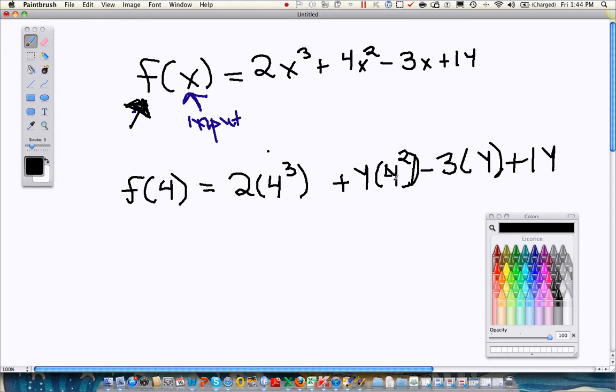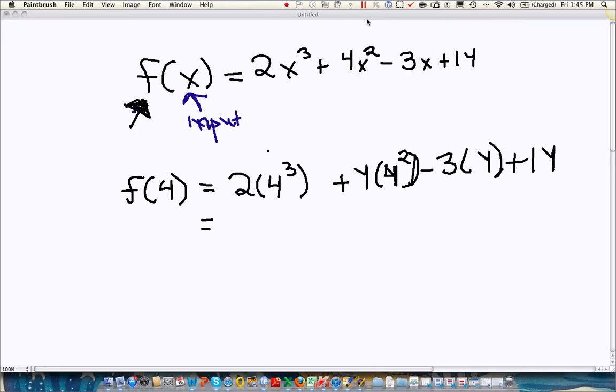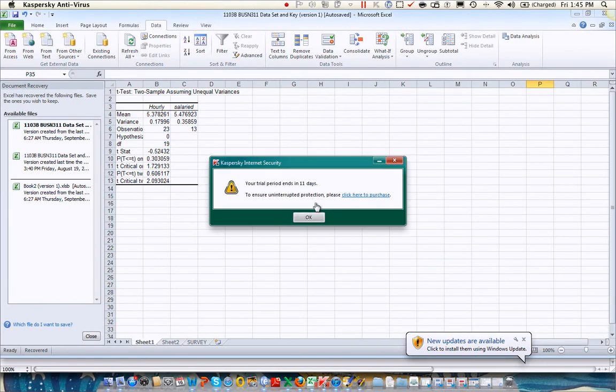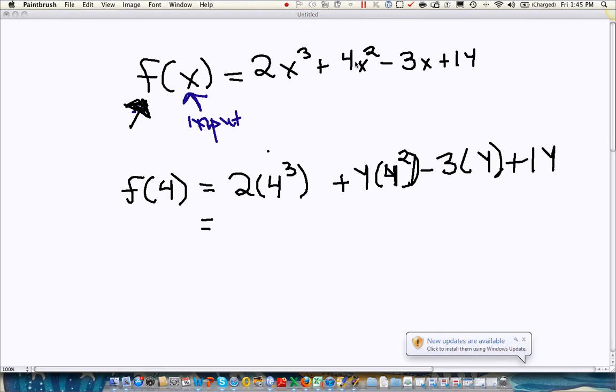Just so you know, technically you could put this all in the calculator at once if you were really good with parentheses. I don't necessarily recommend it. What I might recommend is doing it kind of piece by piece. That cuts down on the probability you're going to make an error. So let's see if I can get my calculator up here.